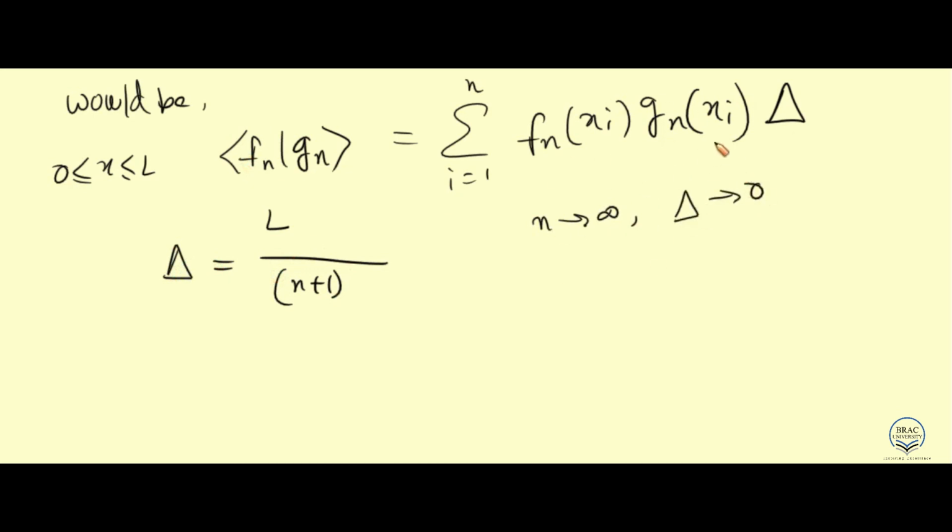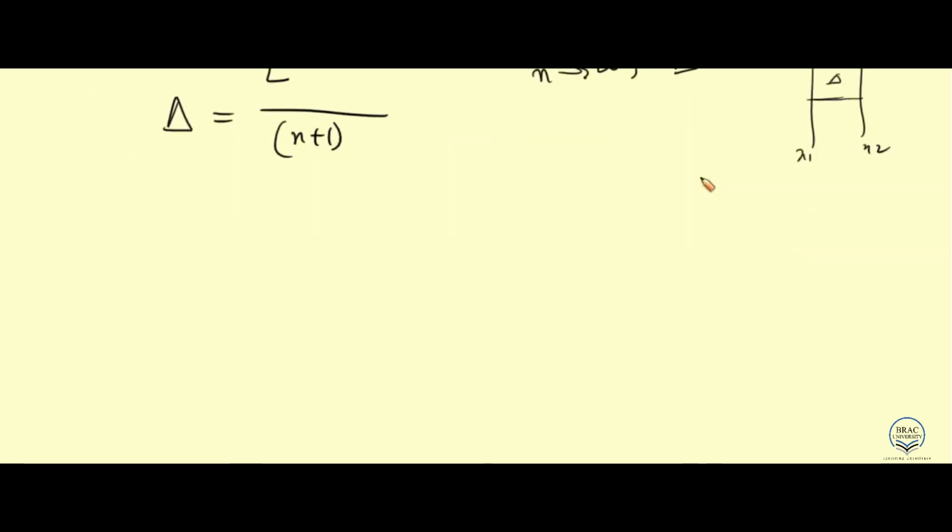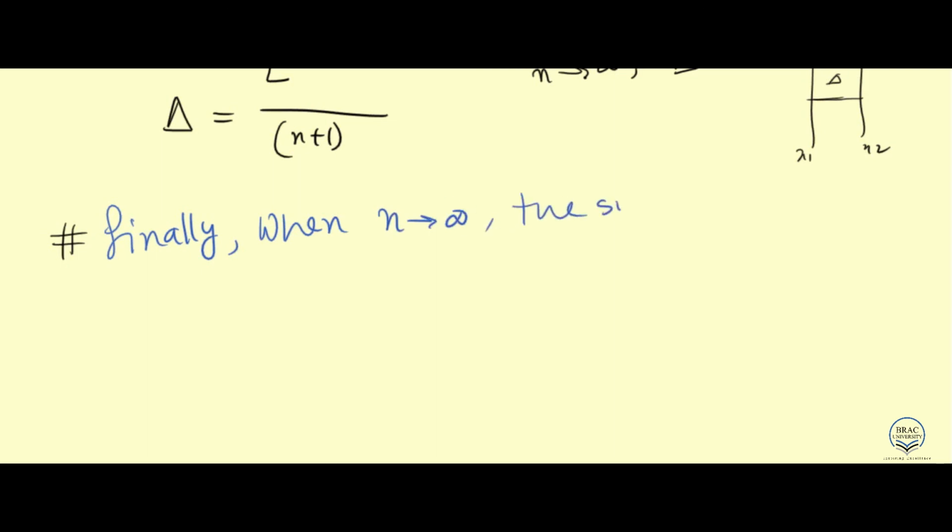And if you recall from calculus, whenever you had a sum and a delta like this, this sum was replaced by an integral, right? Because if you consider two bars, let's say this is x1, this is x2, and this is delta, as delta approaches 0, the sum gets replaced by the integral. So finally, when n goes to infinity, the sum will be replaced by the integral.